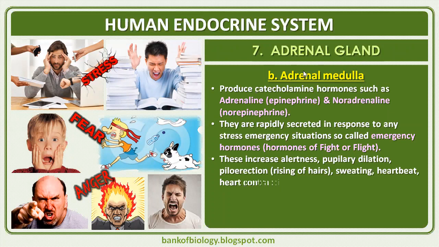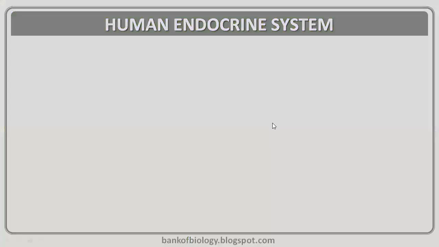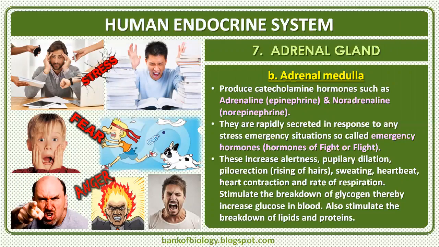These increase alertness, pupillary dilation, piloerection, as in the sympathetic nervous system. Sweating, heartbeat, the contraction of the heart and rate of respiration increase. You remember all these things happen in the case of the sympathetic nervous system itself.